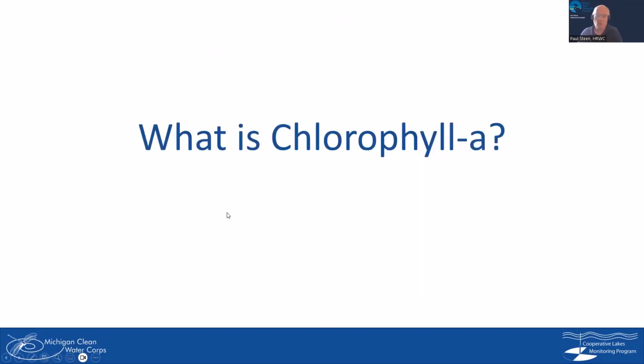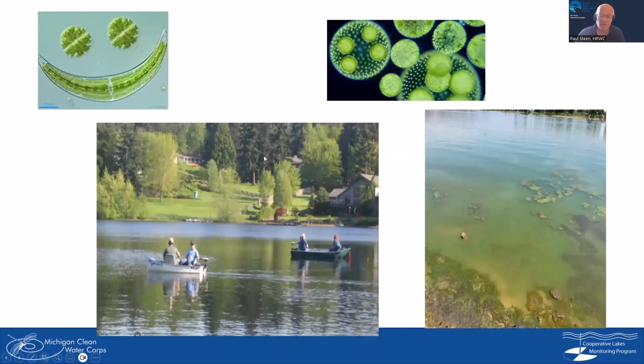So first of all, what is chlorophyll and why do we measure chlorophyll? Okay, so chlorophyll is probably the best way we have to get at the algae levels in your lake. And that is because chlorophyll is in every algal cell, green algae, blue-green algae, that all contains chlorophyll.